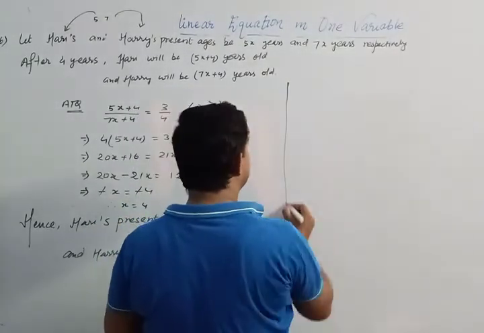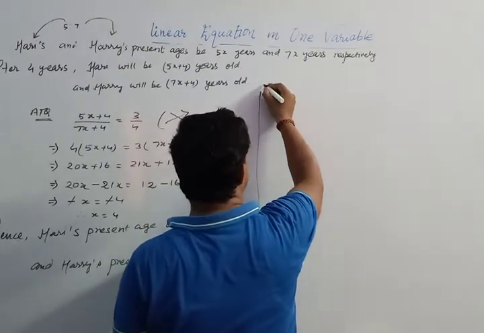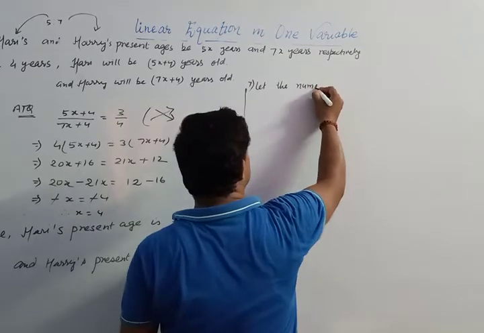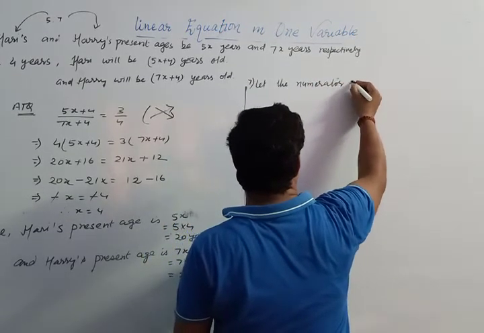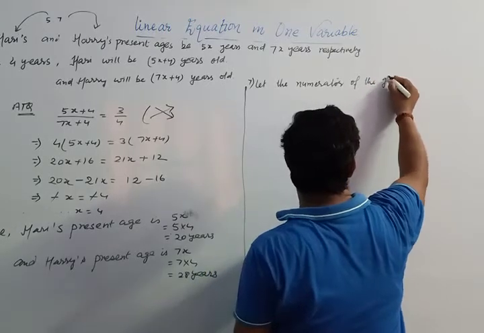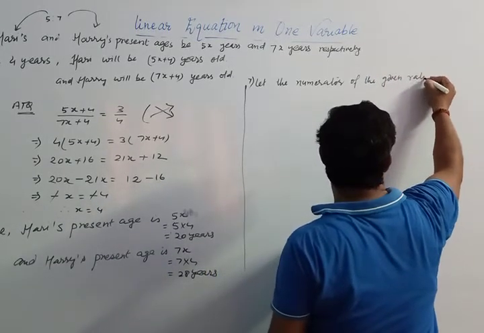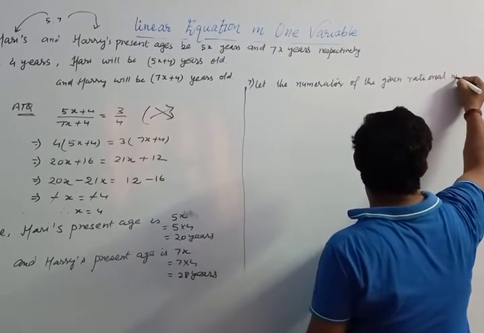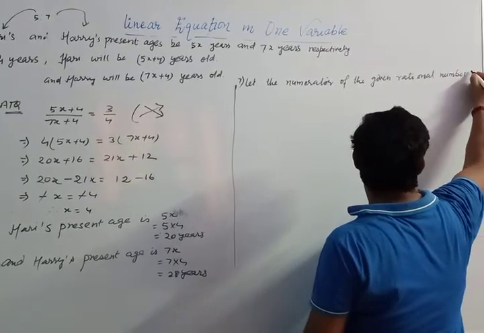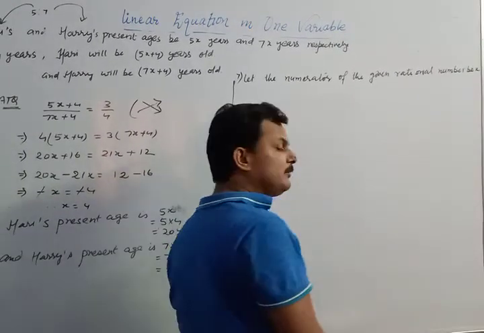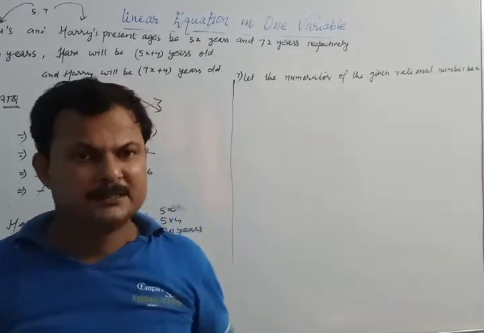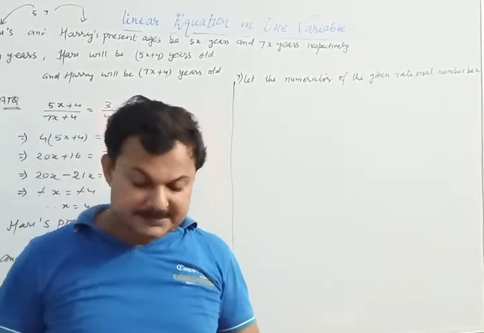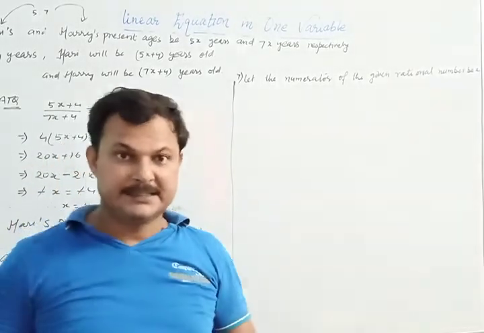So in question number 7, let the numerator of the given rational number be x. We have supposed that the numerator is x. The condition is saying the denominator is 8 more, meaning the denominator of a rational number is greater than its numerator by 8.